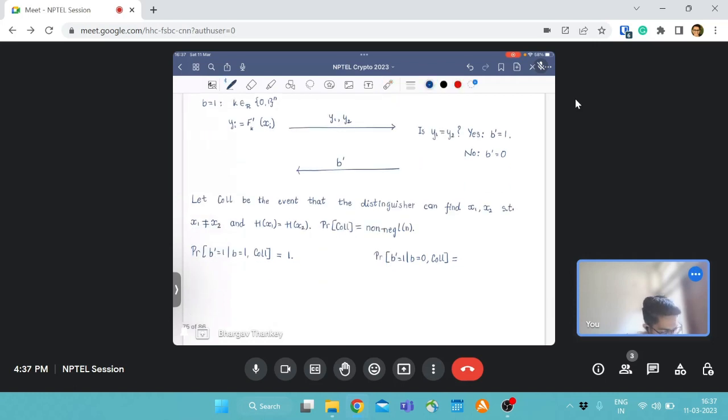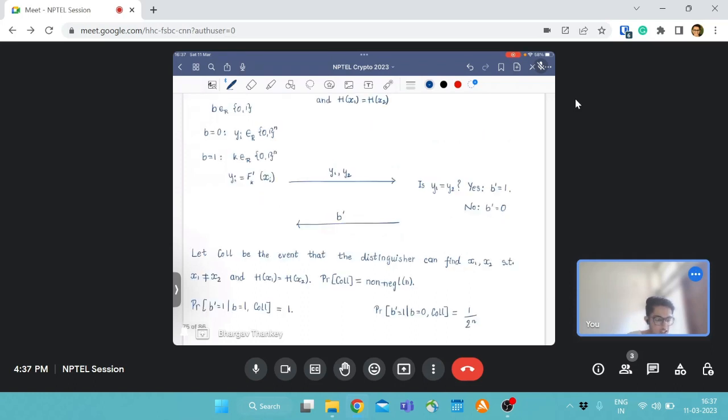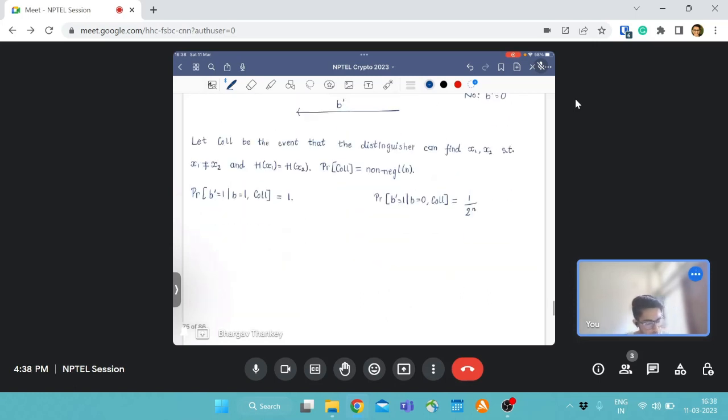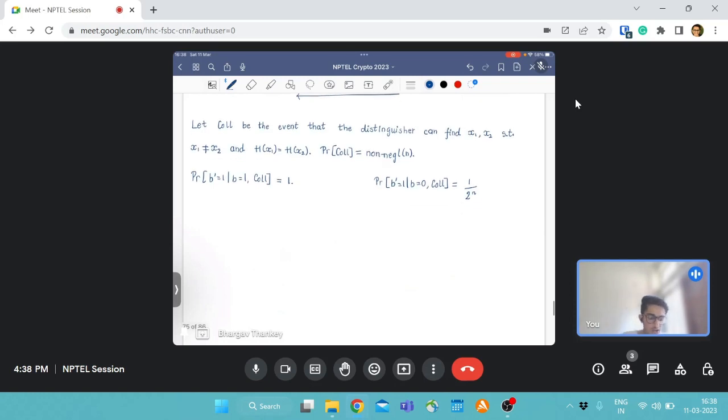We have seen this multiple times in previous lectures, and the reason is the following. Fix any y1. Since y2 is independent of y1 and uniform in {0,1}^n, the probability that y2 is going to be that fixed value of y1 is just 1 over 2^n.